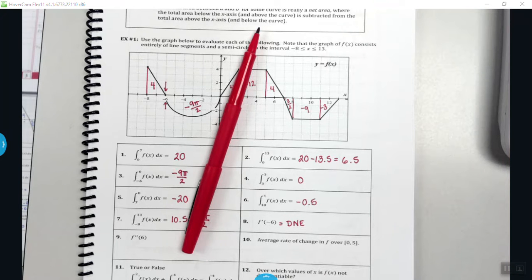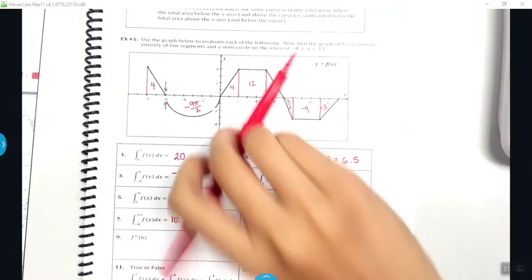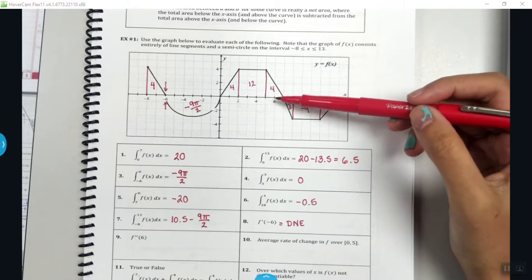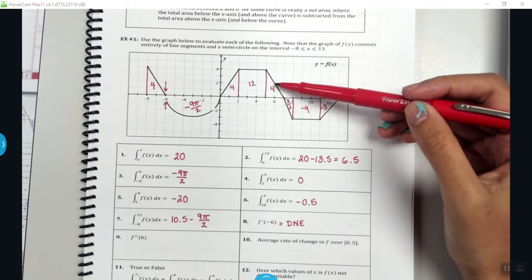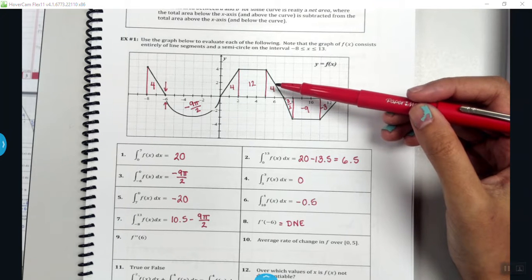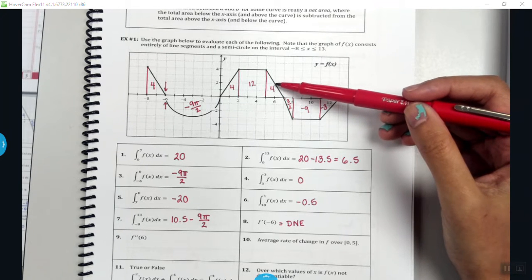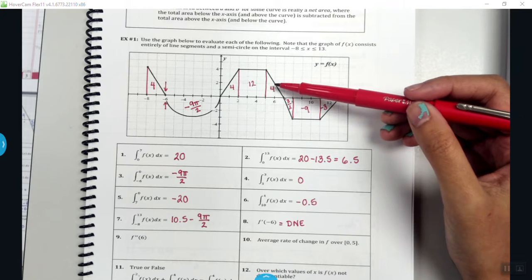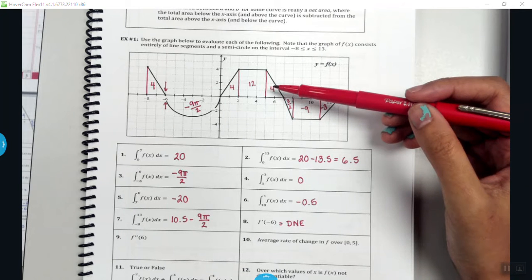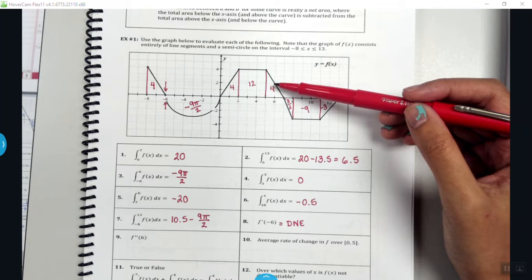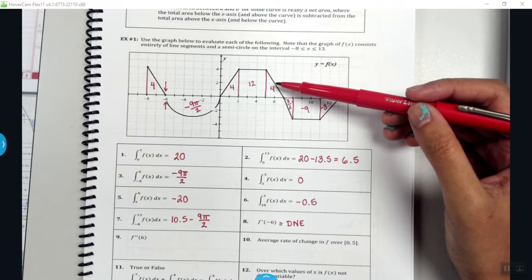Okay. What's the second derivative at 6? What does that mean? Like does not exist or 0? Which one? It's 0.